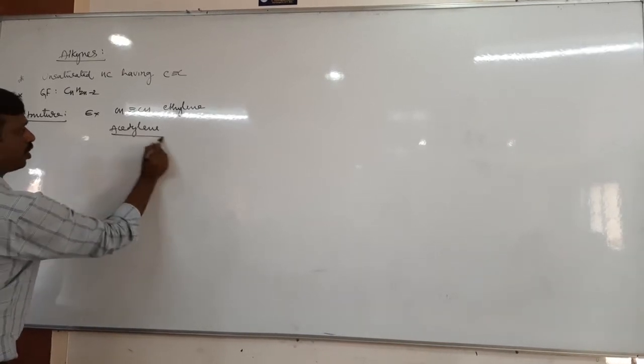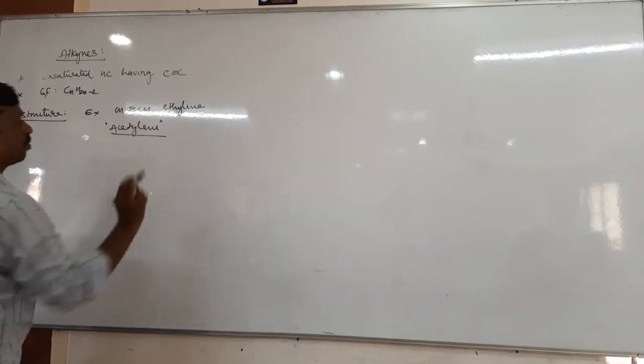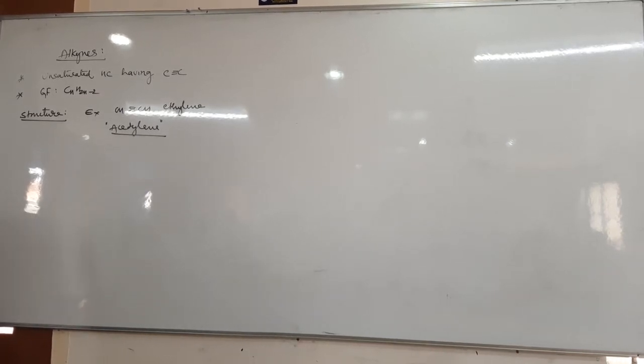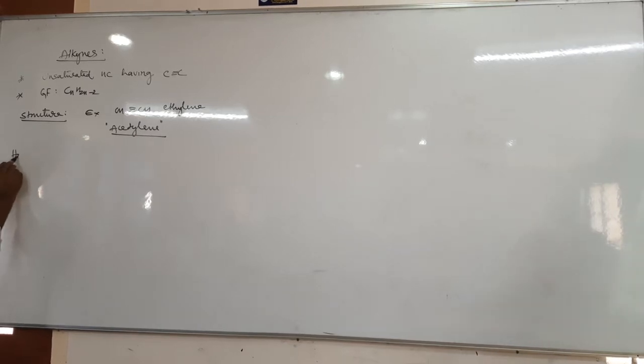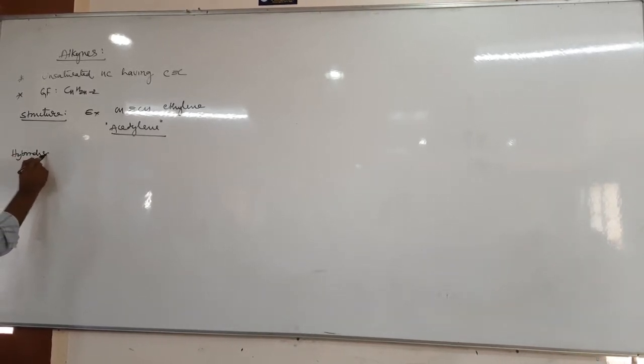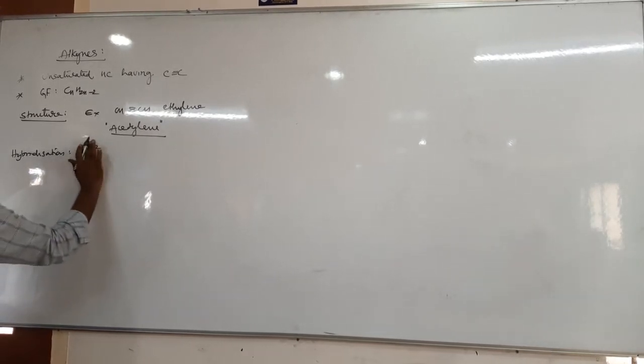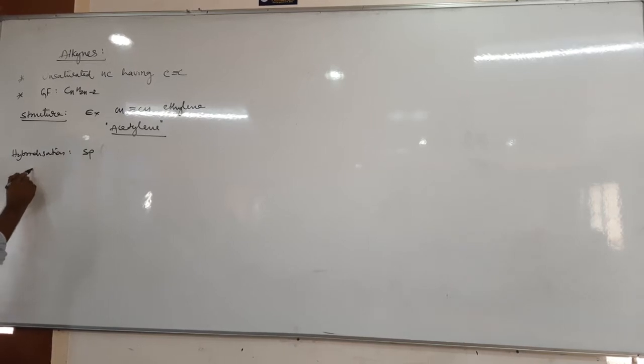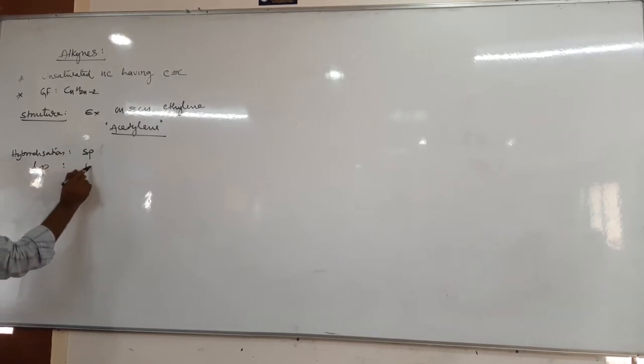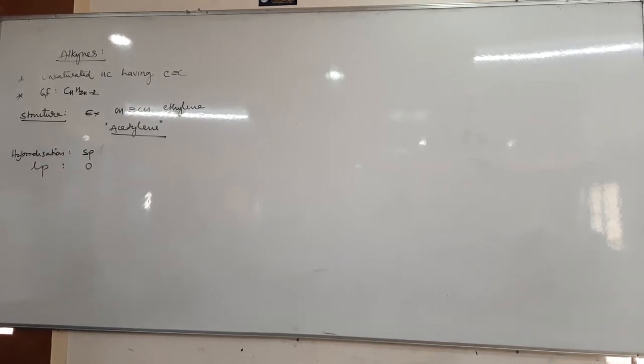From here onwards we use this name very commonly, acetylene, CH triple bond CH. Can you tell me the hybridization of carbon in acetylene or any alkyne? If carbon has single bonds, sp3; double bond, sp2; triple bond, sp. Therefore hybridization is sp. Is there any lone pair of electrons? No, there is no lone pair. Therefore hybridization is sp, lone pair is 0.